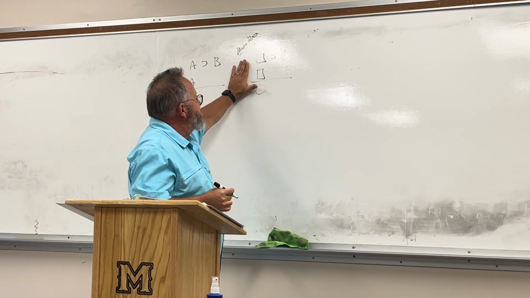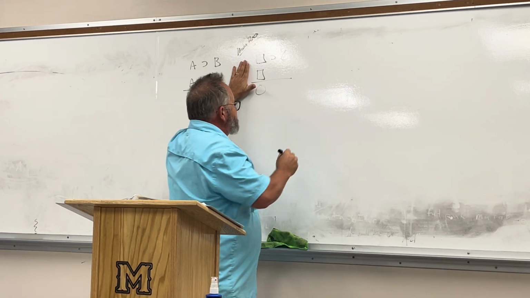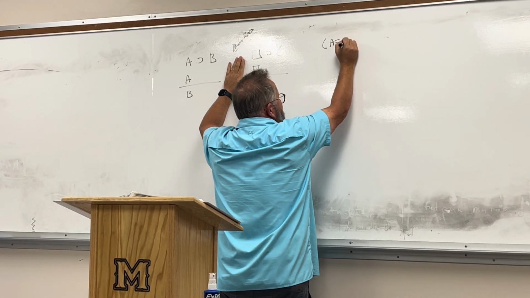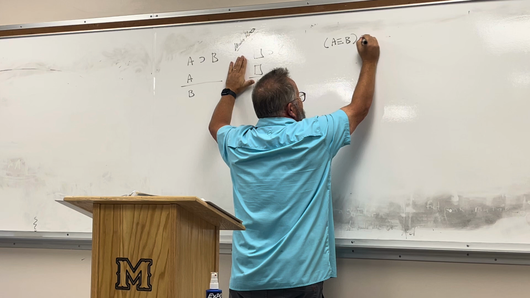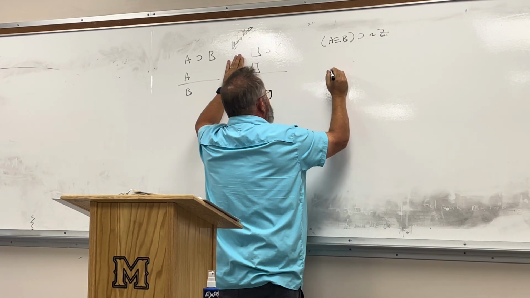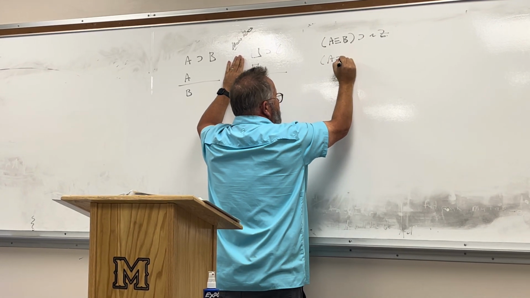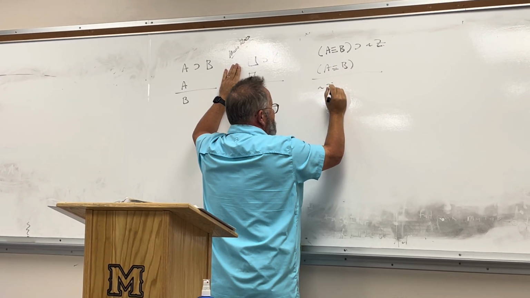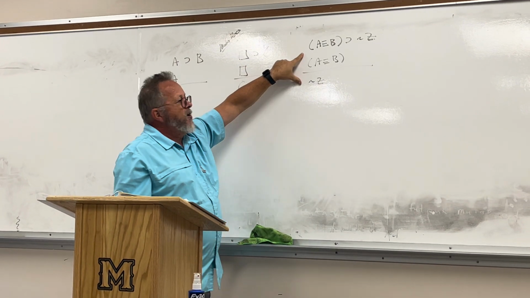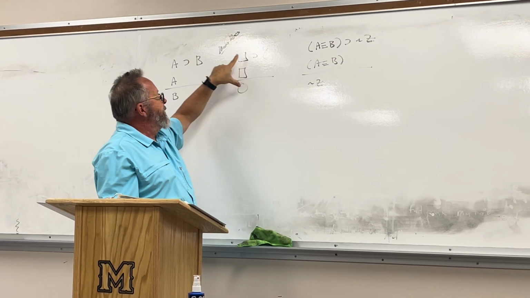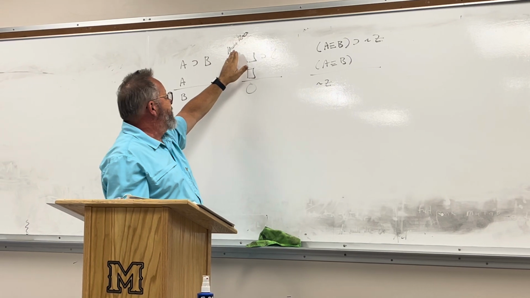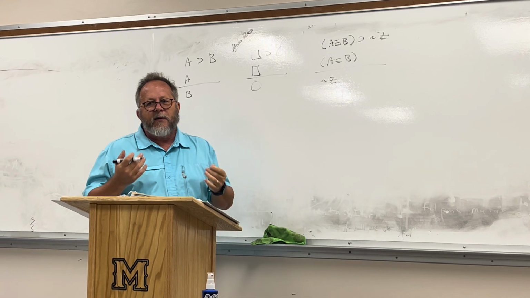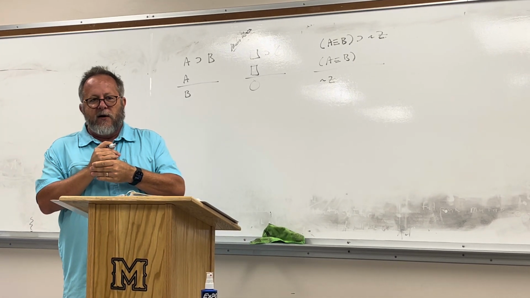Suppose we got this argument form, and then we've got this argument: A if and only if B, then not Z; A if and only if B; therefore not Z. And I ask you, is this argument a substitution instance of this argument form, modus ponens? Now I'm going to show you how to figure it out.